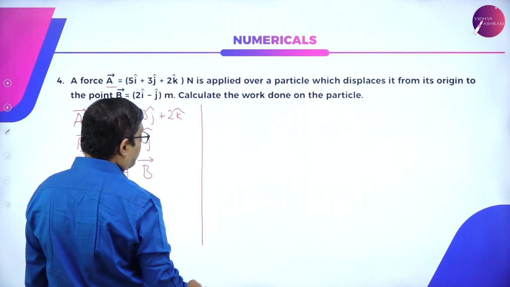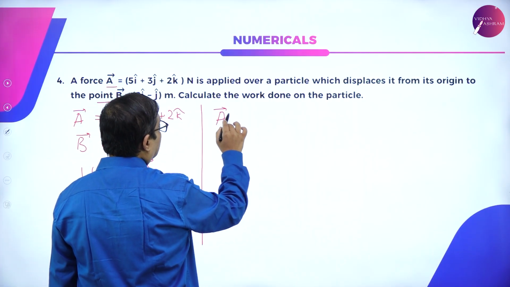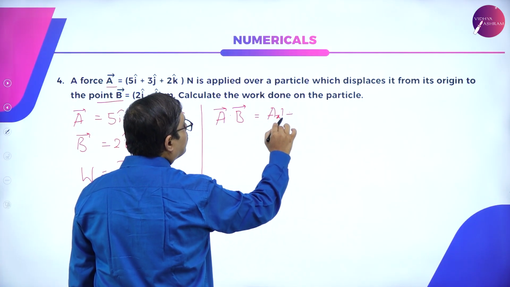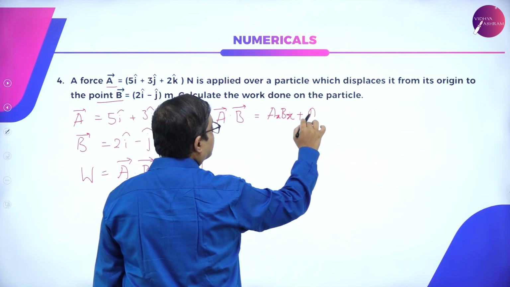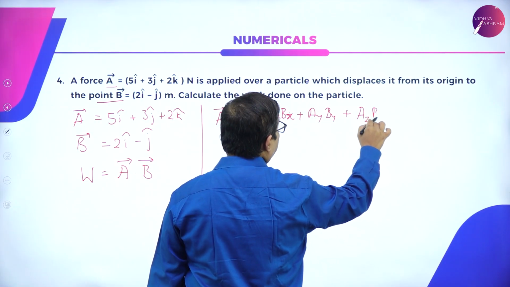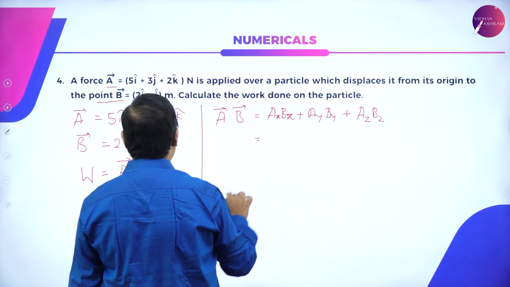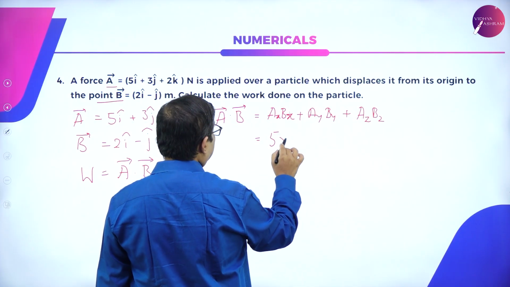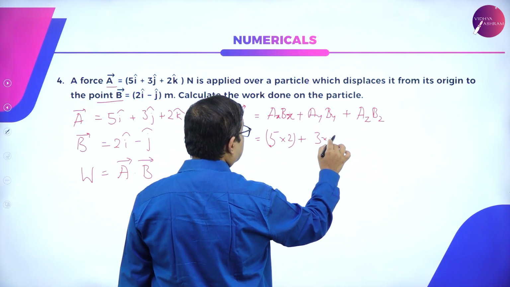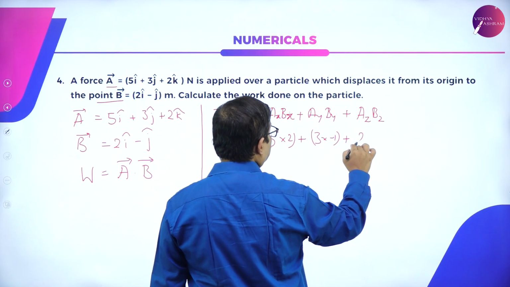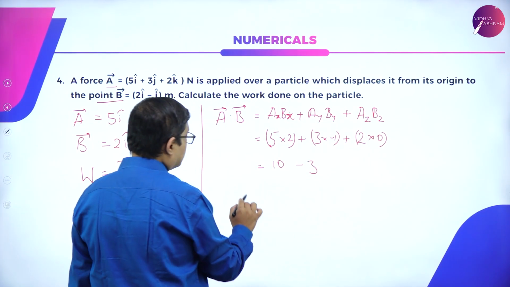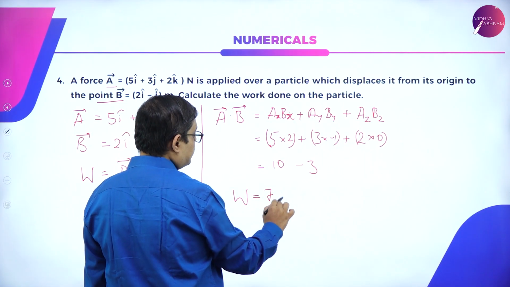So how do I get the scalar product or the dot product? A dot B is given by AX BX plus AY BY plus AZ BZ. What is AX? It is 5. What is BX? It is 2, plus AY is 3, BY is minus 1, AZ is 2, BZ is 0. So this is 10 minus 3. So work done is 7 joules.